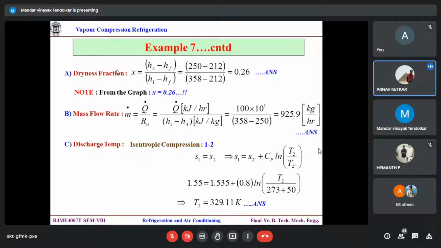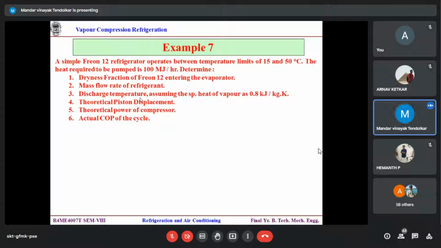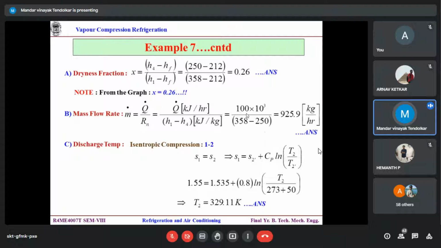Yes, sir. Now the third part asks for the discharge temperature, that means T2, assuming the specific heat of the vapor as 0.8. So that means they want us to use the thermodynamic equation. S1 equals S2, right? S1 is known, that is SG1, and S2 is superheated.